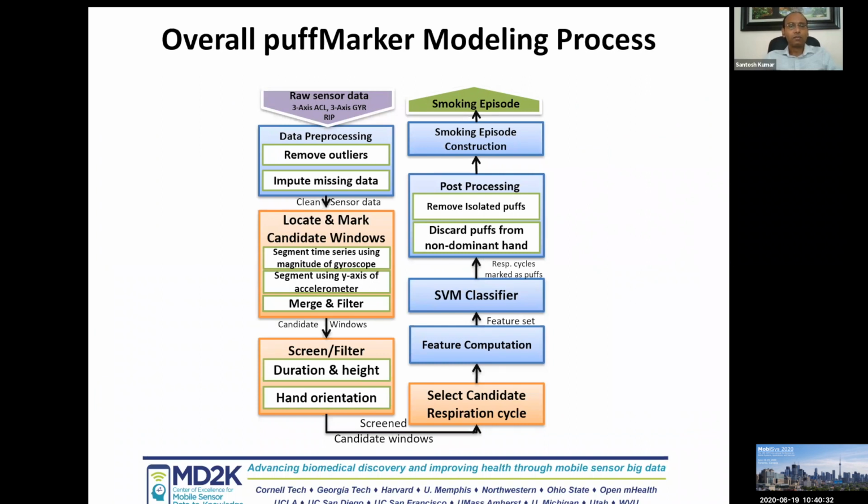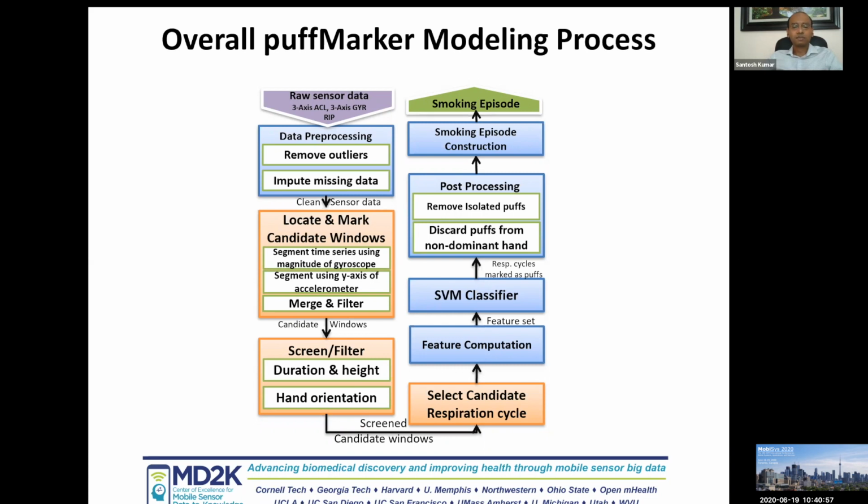So for the modeling process in smoking, again our first approach was to remove outliers and impute missing data. After that, we located and marked the candidate windows. That means hand-to-mouth gestures that are likely to represent taking the hand to the mouth, staying there for a few seconds, and then bringing it down, which is observed during smoking.